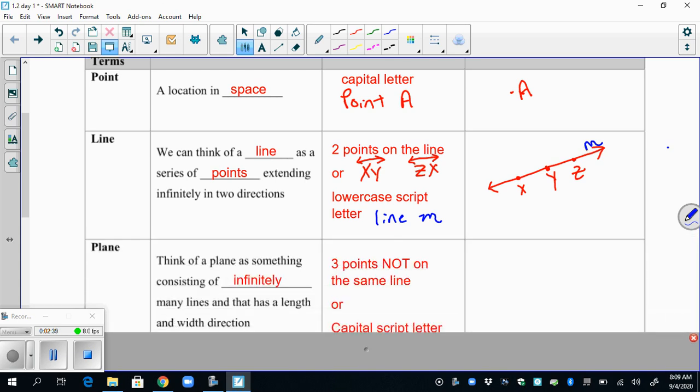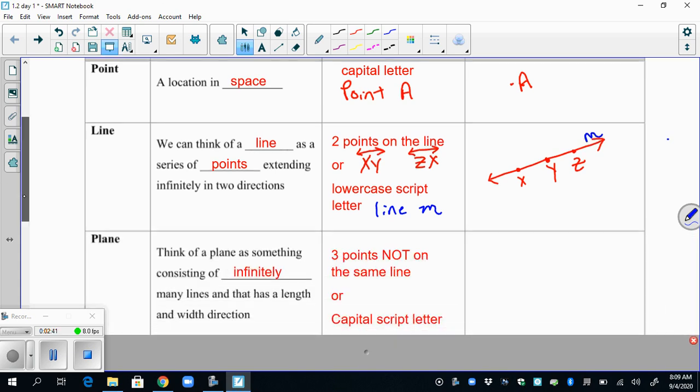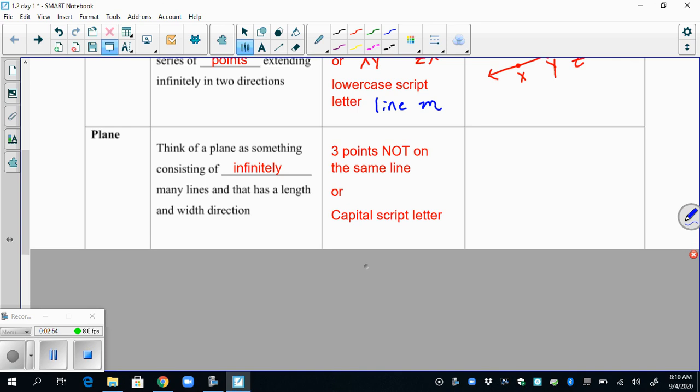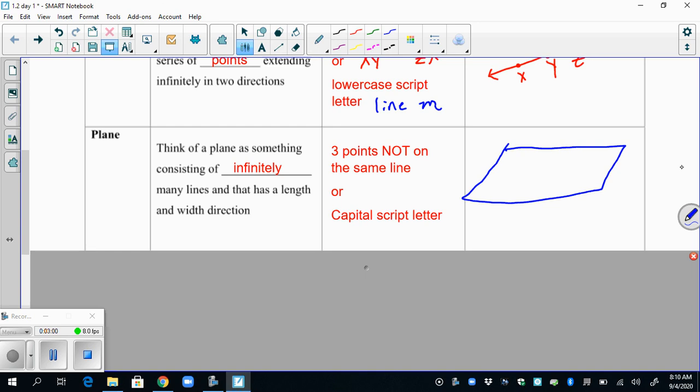A plane. A plane is something consisting of infinitely many lines or points and has a length and a width direction. And a drawing in our textbooks will usually be a parallelogram, kind of shaded, and it might show some points.